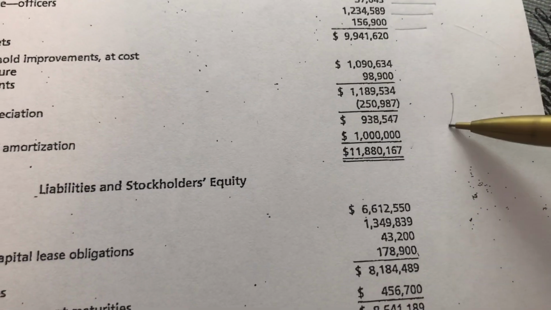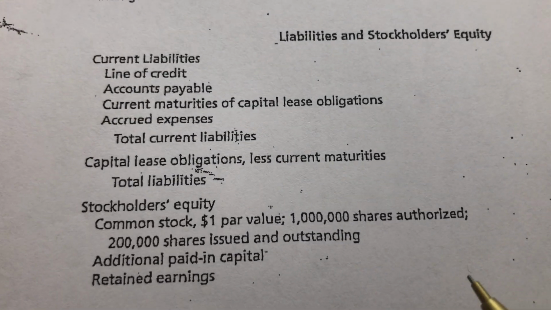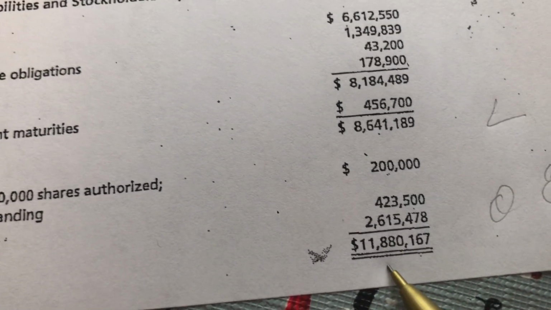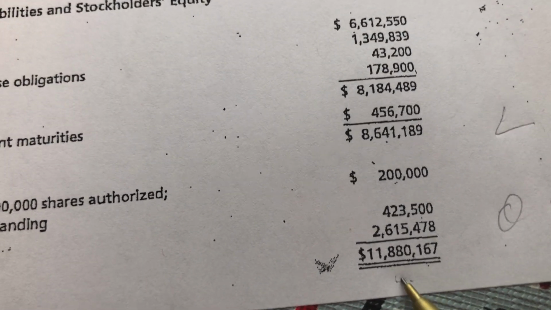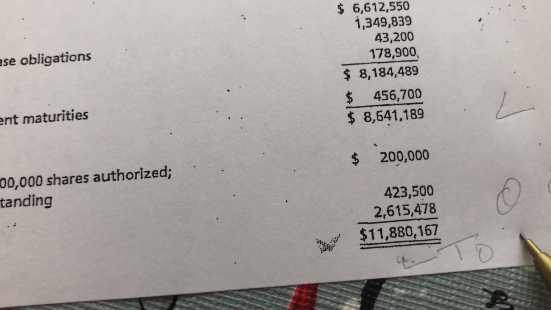Now remember that on your balance sheet, your assets have to equal your liabilities plus your owner's equity. I need to help you out with something down here. Notice when you get retained earnings, that's got to be transferred. That's going to go to your balance sheet.